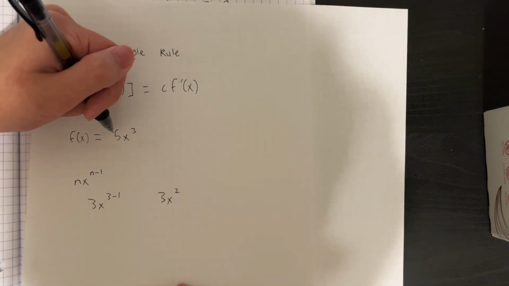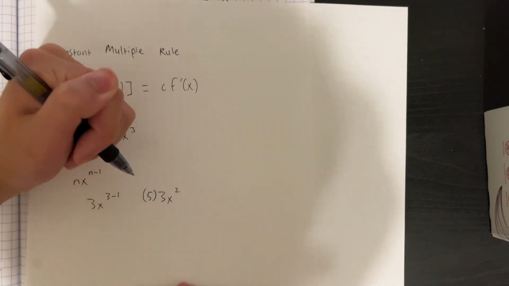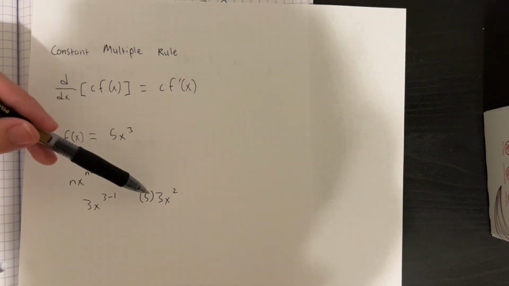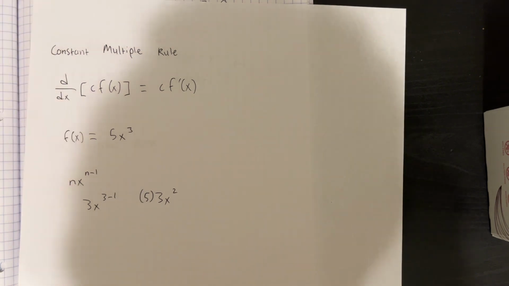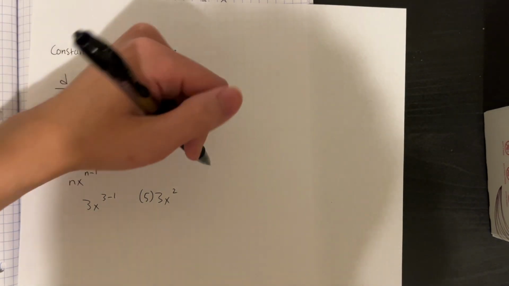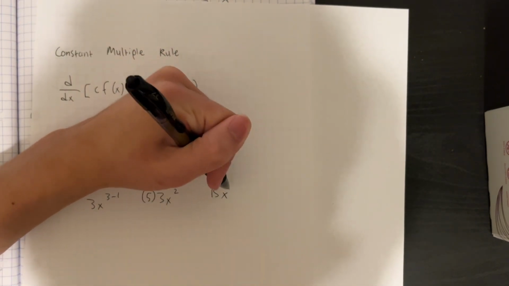Now we remember that there's a 5 in front of it, so we'll just bring it back. So the constant multiple rule, you'll just multiply it out. So the derivative of 5x cubed is going to be 15x squared.